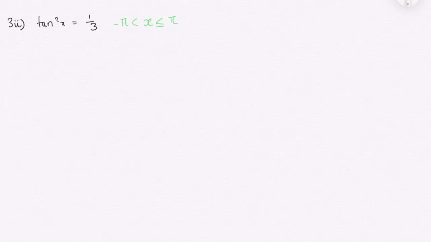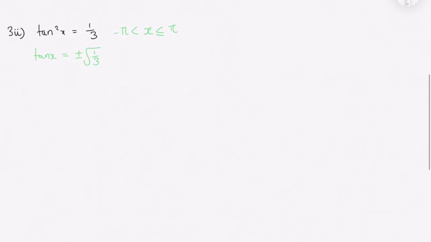Okay, so what should we do first? The first thing we should do is take a square root. But whenever we take a square root, we need to remember we also need to consider the negative. So we have plus or minus the square root of a third, which is just plus or minus 1 over root 3.